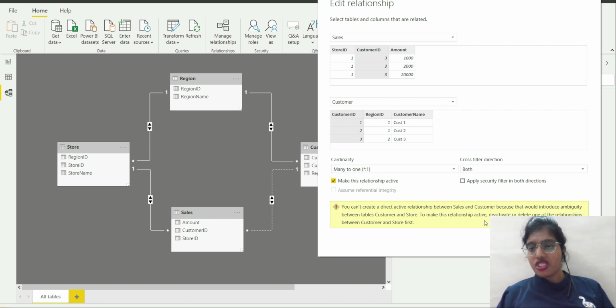To make this relationship active, deactivate or delete one of the relationships between customer and store first. So it's saying either you can have the relationship in the first case as active, or you can have the bottom relationships in active state. Then only can you obtain an unambiguous model. So I'll click on cancel for now.